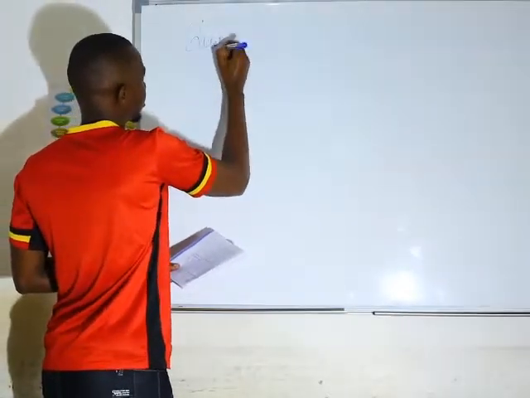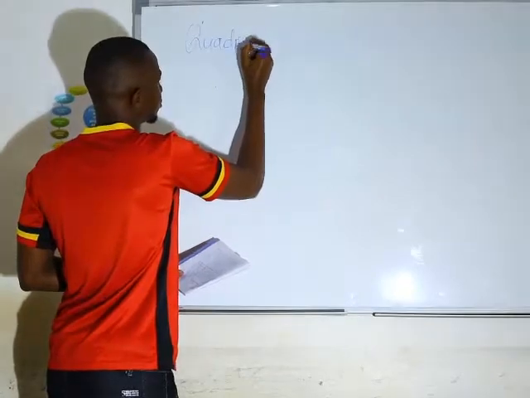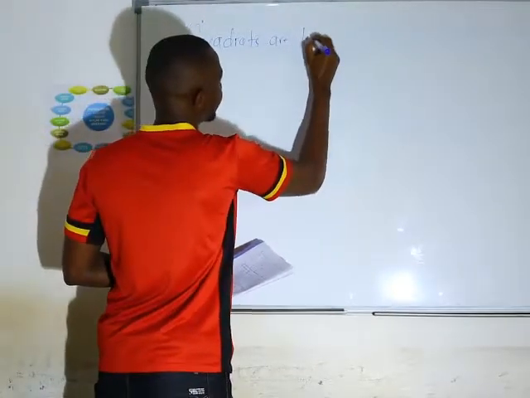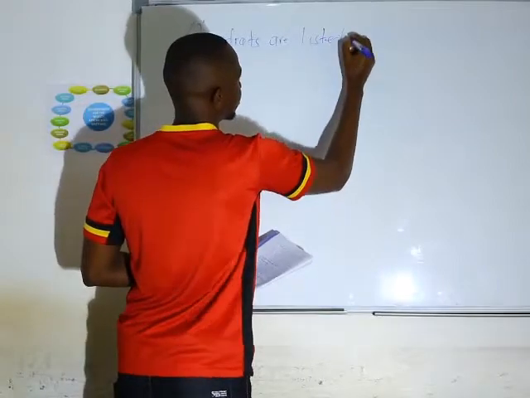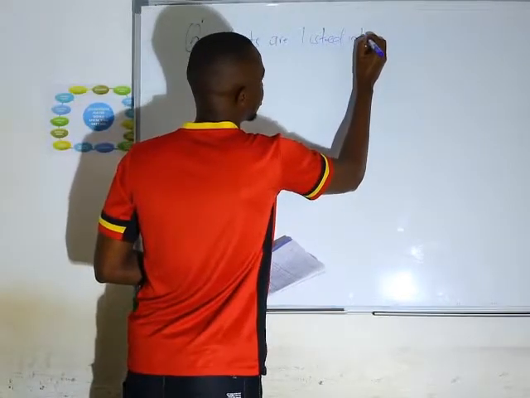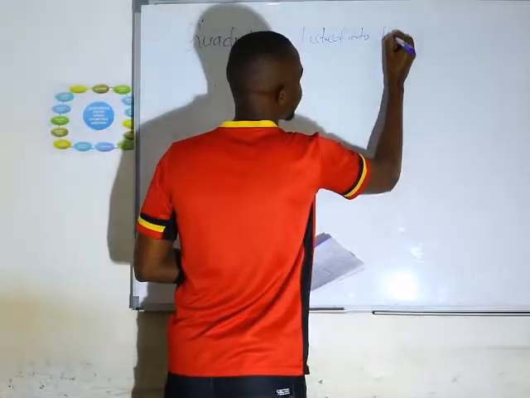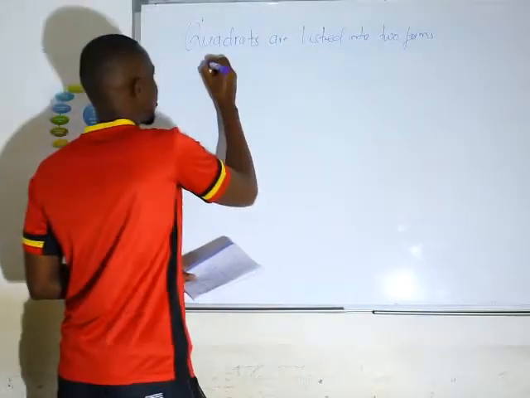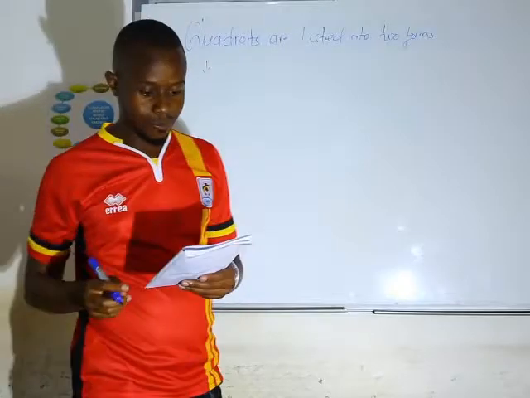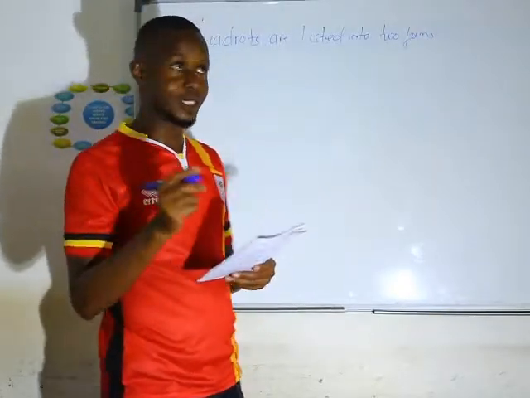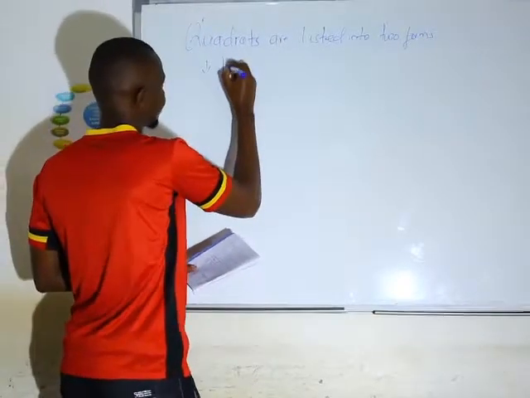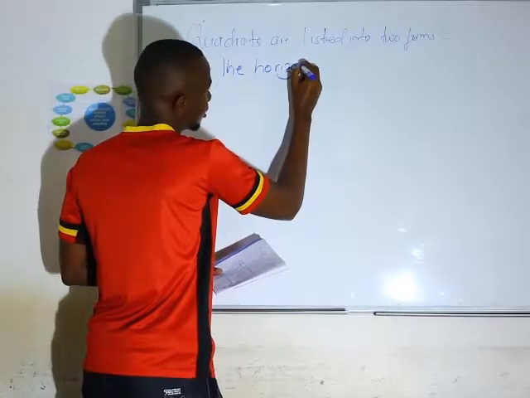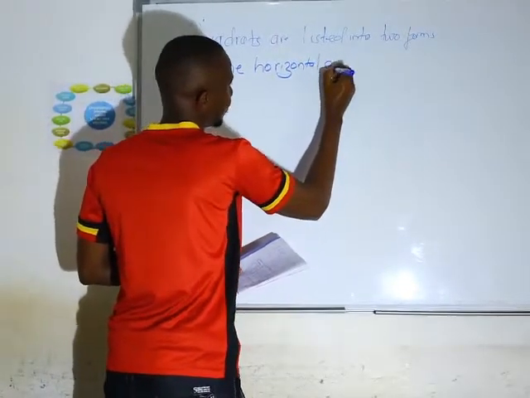Quadrats are listed in two forms. One, the horizontal alignment.